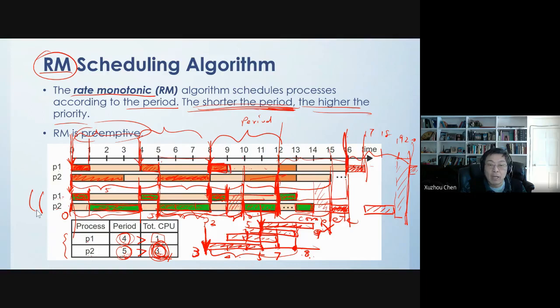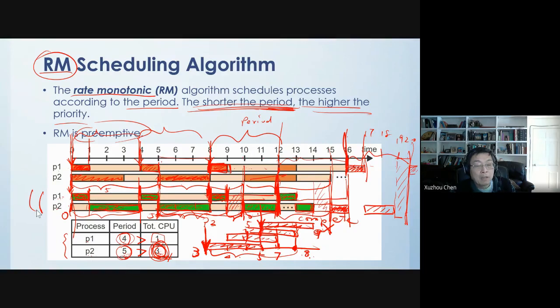It's not going to be able to continue. So when you design real-time scheduling, you have to make sure that the real-time process is never going to fail. If it fails, the consequence is going to be fatal.